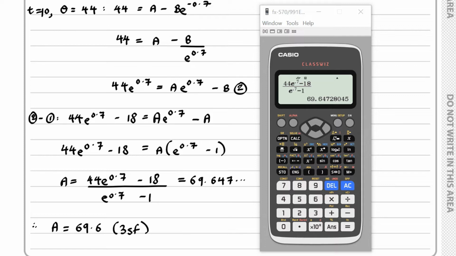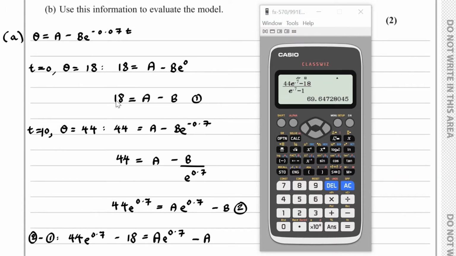From which we can find out what B is. We can find out what B is by substituting into this equation here.